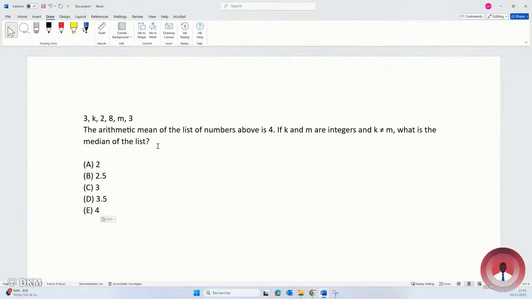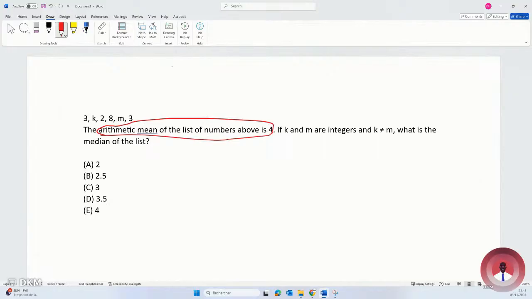2, 3, k, 8, 2, m, 3. The arithmetic mean of the list of numbers above is 4. So how can we interpret that?